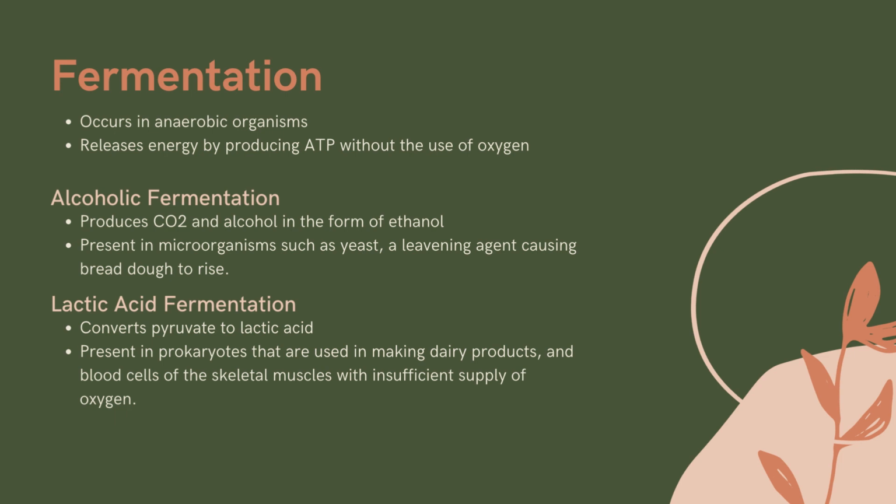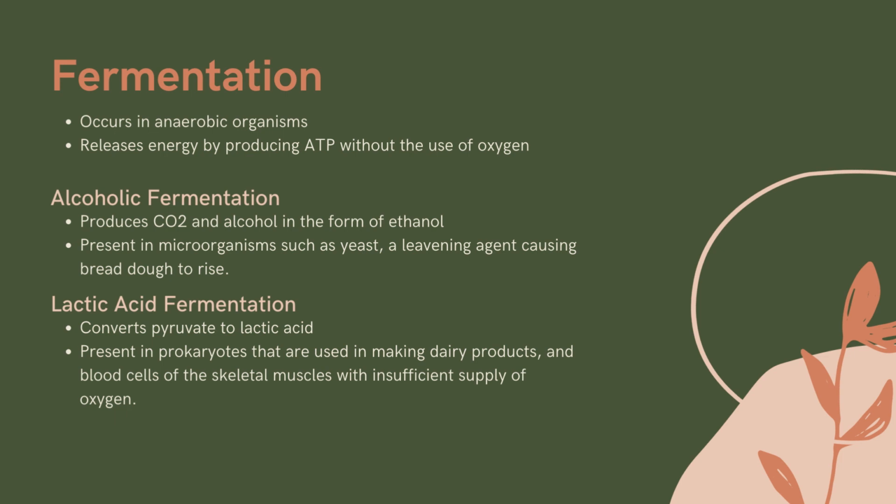Anaerobic organisms can also undergo glycolysis because glycolysis does not require oxygen, as we have mentioned. But after glycolysis, what processes do they undergo? They undergo fermentation. Fermentation occurs in anaerobic organisms, and this process releases energy by producing ATP without the use of oxygen.